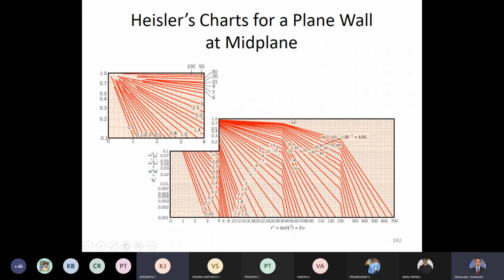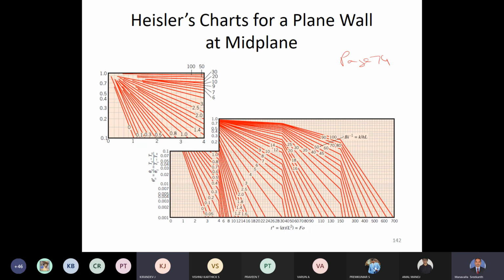You can also open your data books. In your data book, page number 74 contains this one. The mid plane is on page 74 of the data book; my edition is the 9th edition.